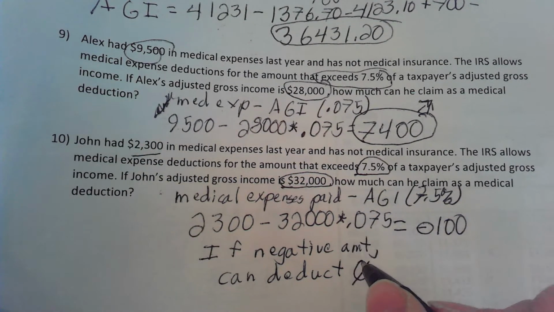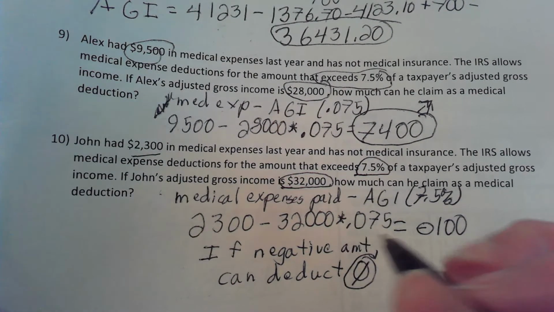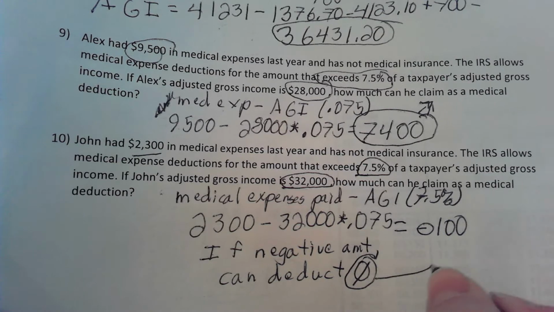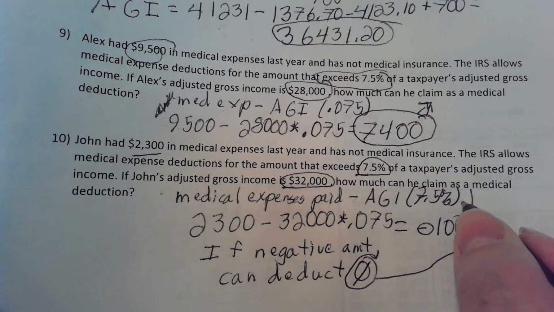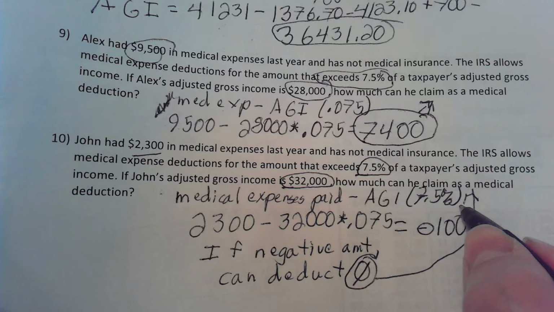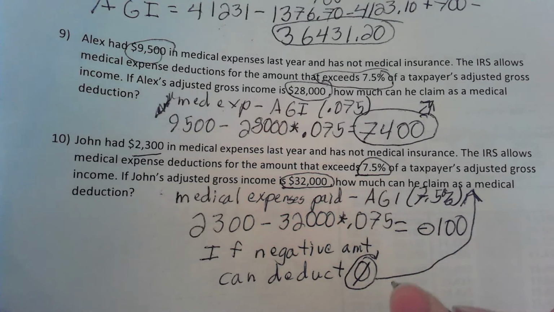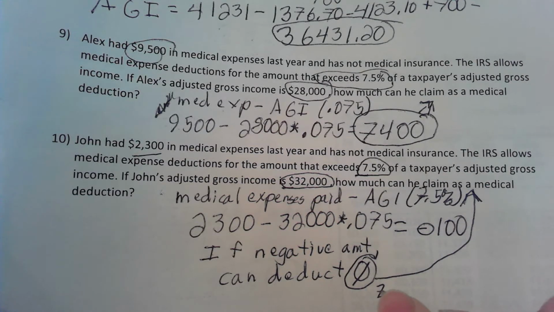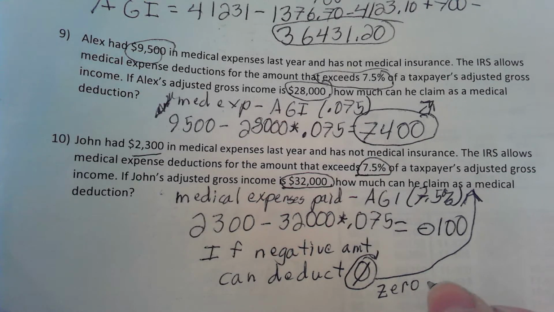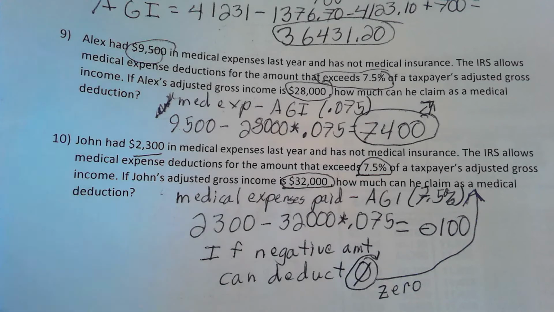That is how much he can claim. So how much can he claim? Everybody, it is zero. None of it on his medical expenses. That's it for the review. Thank you.